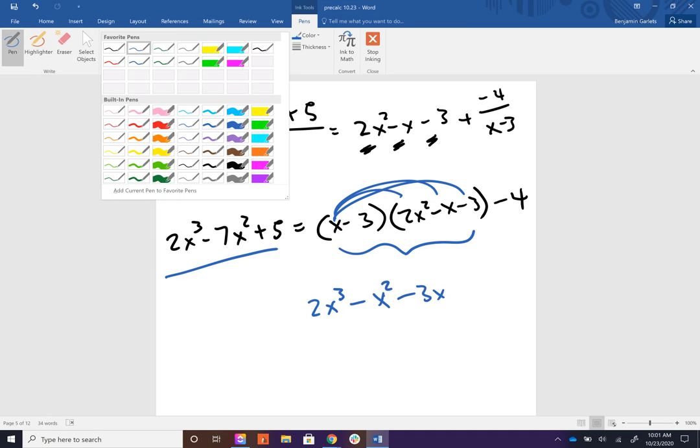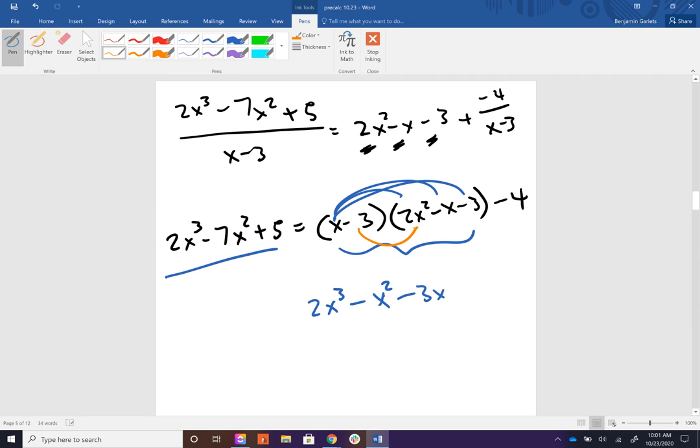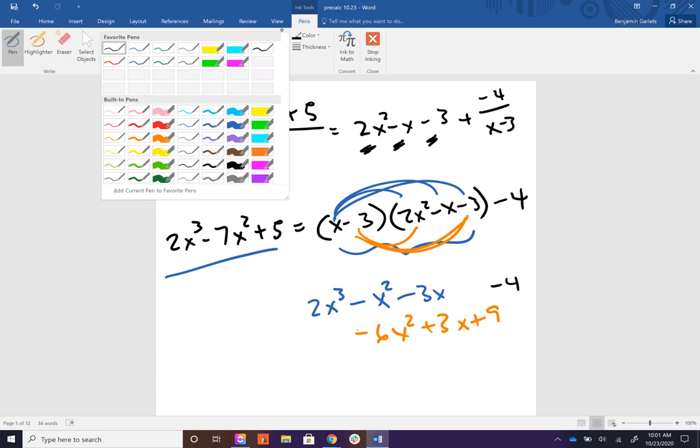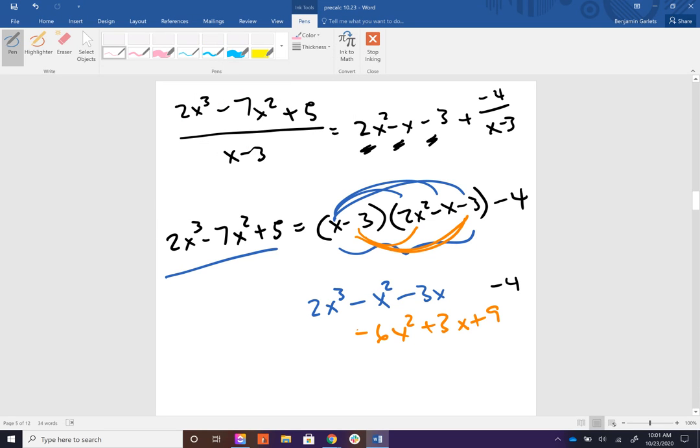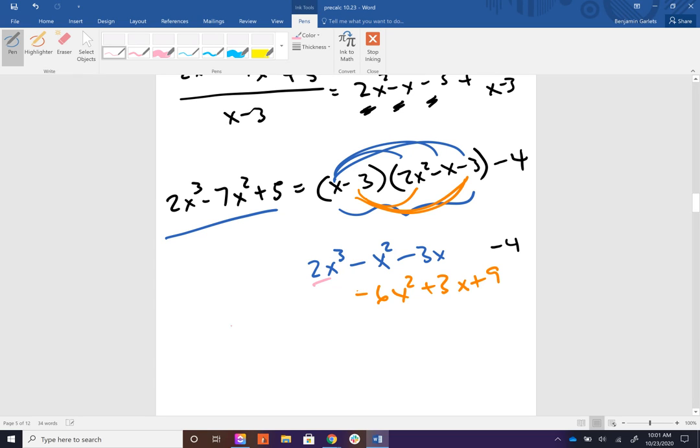And then I can multiply through here, all three terms, and I get minus 6x squared plus 3x plus 9. And then we have our minus 4, right? So if you FOIL all of that, let's check it in pink. This is our only cubed term, so 2x cubed.